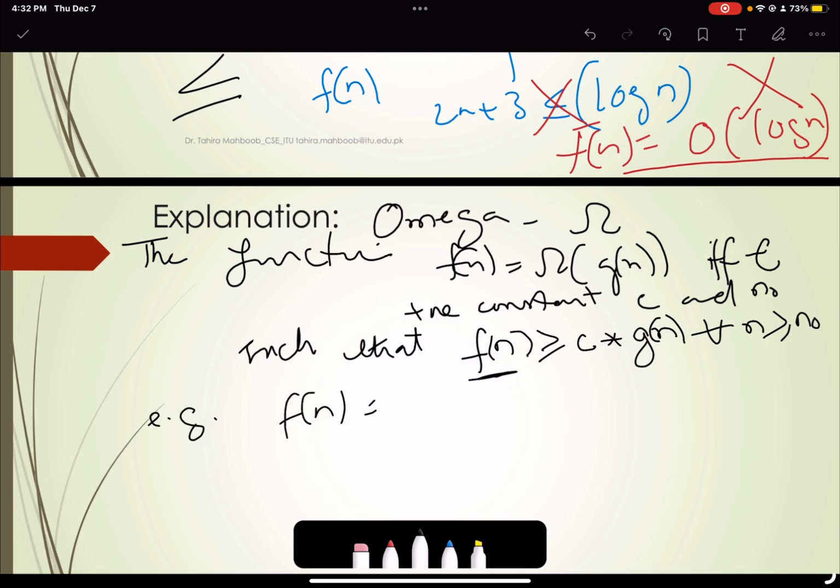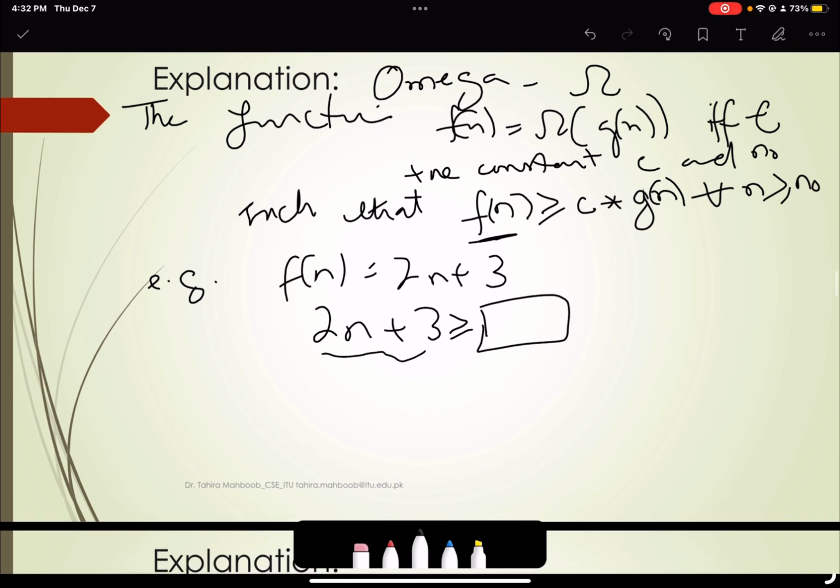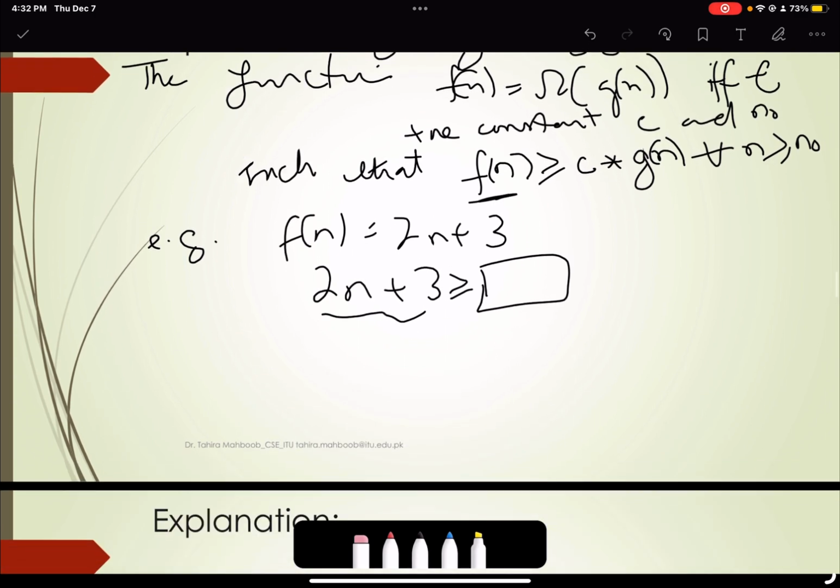We are given the function 2n plus 3. So we have to find a function that gives us a lower value than this function f of n. So what can we put here such that f of n becomes a higher value than this?